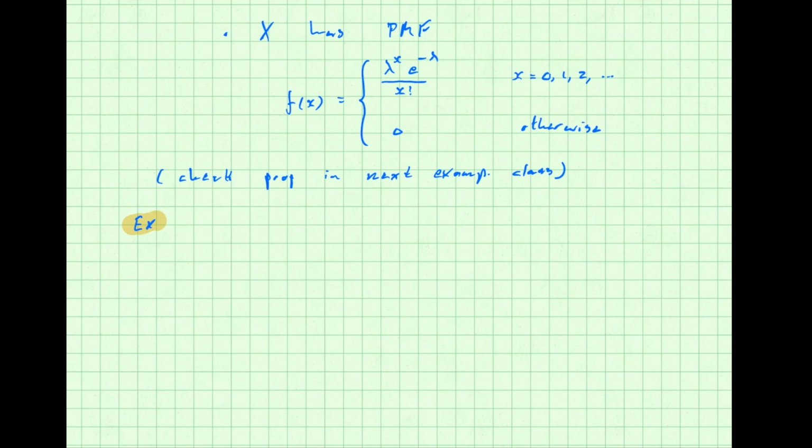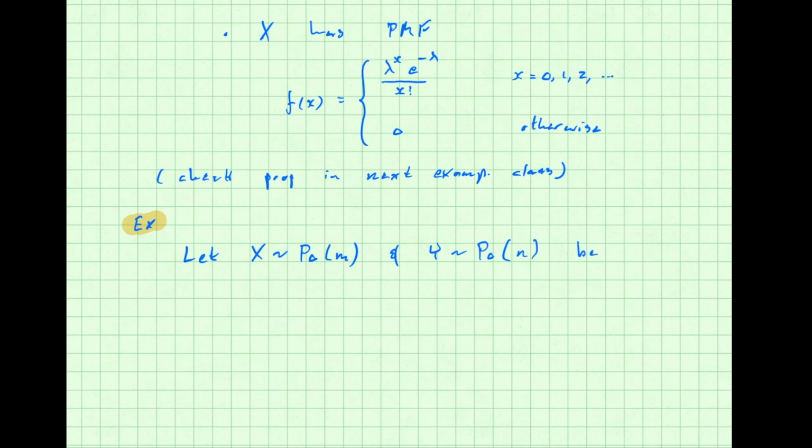So let's suppose you have two random variables that both have Poisson distributions, but they're different distributions. And we'll suppose that they are independent random variables. So let X be Poisson distributed with parameter m, and Y be Poisson distributed with parameter n.